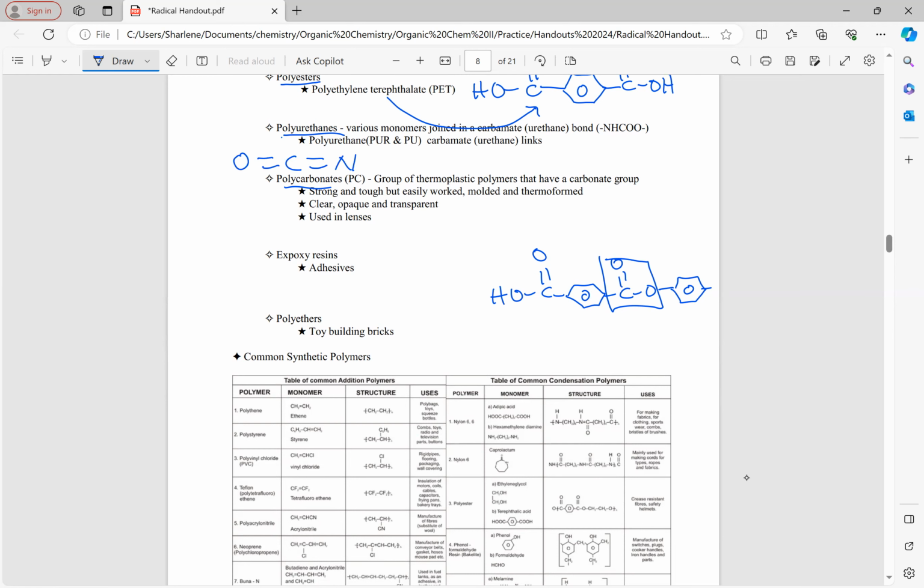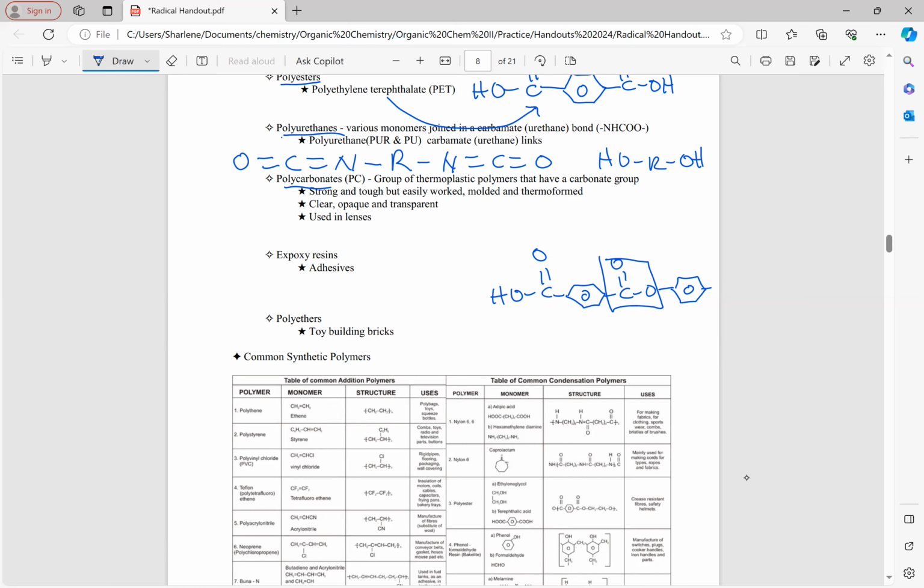I know that looks funny to us. Which is bonded to some kind of R group, which is bonded again to an N, which is bonded to a C, which is bonded to an O, and then you always react that with a diol. And that gives you your polyurethanes. Again, are you going to have to know these structures? No, but it's nice to know the different types.